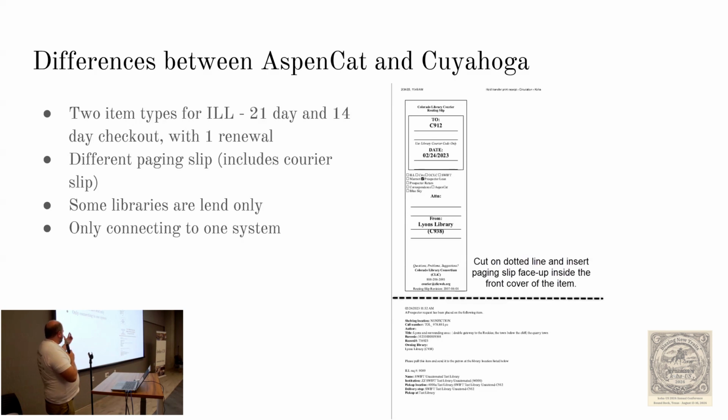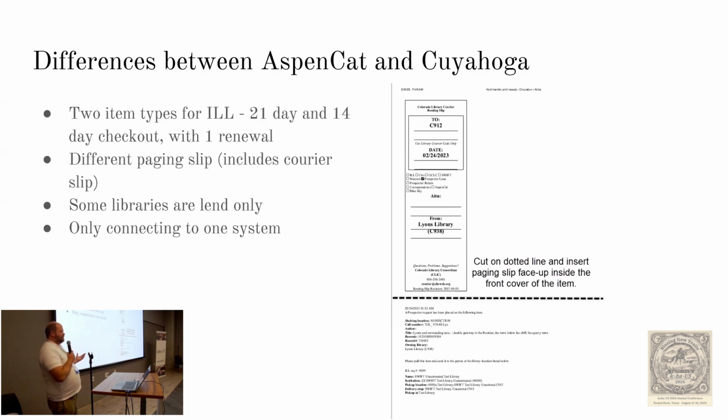We do have a different paging slip. So what you see on the right, we started with just our standard Colorado courier slip. So that's what gets printed out. But libraries, because it's just a mash of all sorts of different systems, and some of the libraries in Colorado are Sierra libraries, and they can get all this information easily. And some are using this resource sharing broker, which uses Millennium.